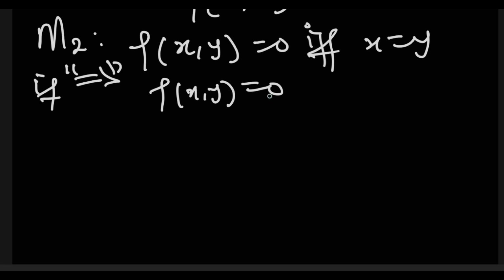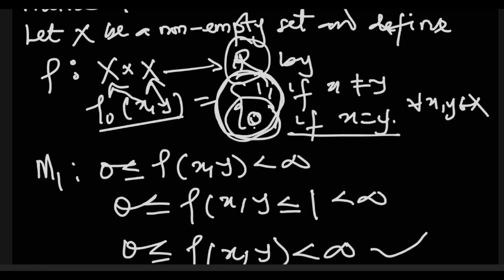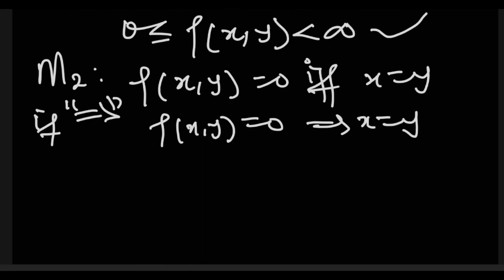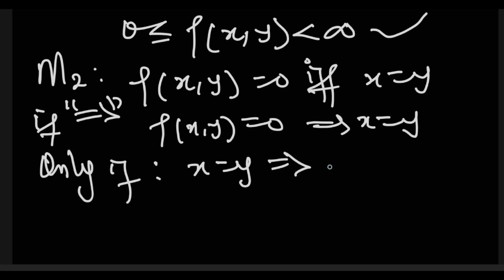The other way, only if x equals y, then rho xy is 0. This is trivial. That is why it is called the trivial metric. So the only if part says when x equals y, then rho xy is equal to 0.